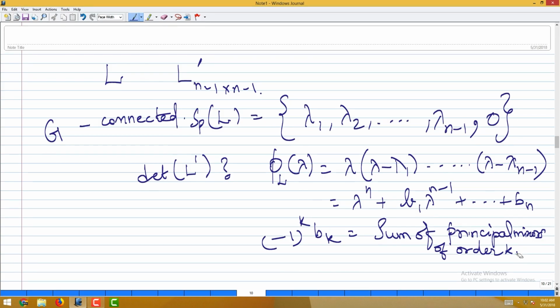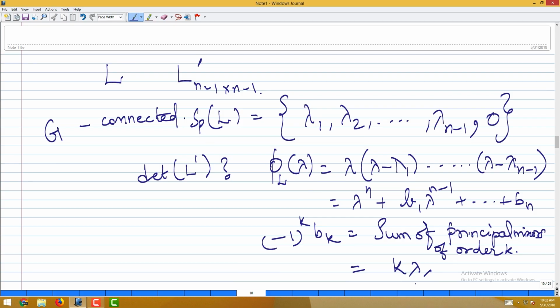See, when I say sum of principal minors, that is nothing but taking k lambdas at a time, taking the product of them and summing it. Lambda 1, lambda 2 up to lambda k plus lambda 2, lambda 3 up to lambda k plus 1 and so on.